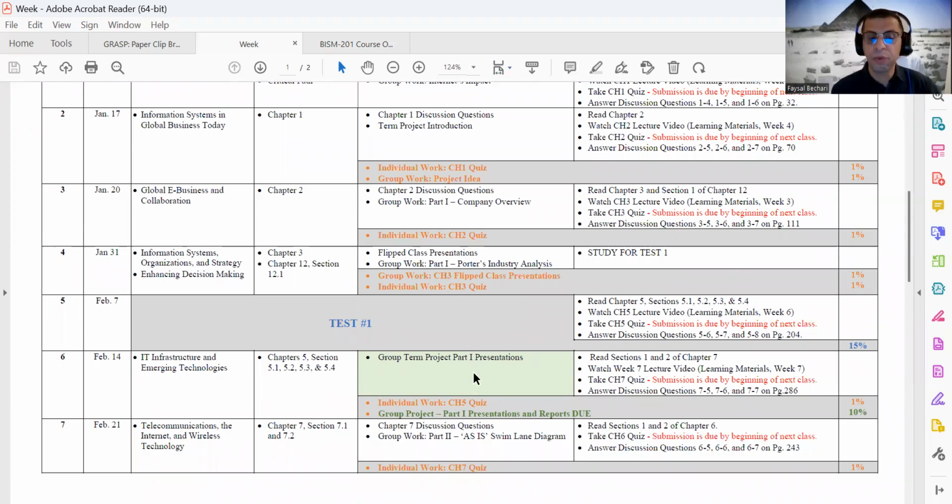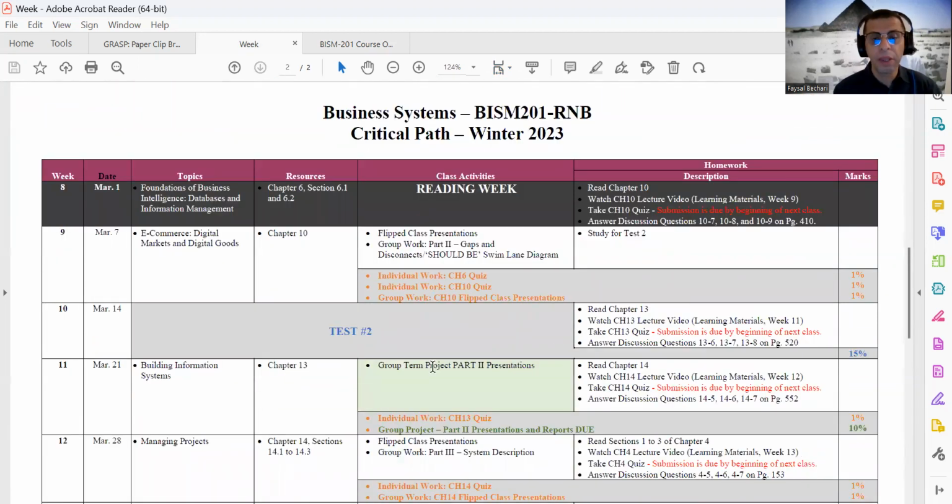Then we'll talk about different types of telecommunication, the internet, and wireless technologies, which we did already. In March, we'll also try to cover briefly e-commerce, the digital market, and digital goods, which is part of Chapter 10. And on March 14th, you will have Test 2.